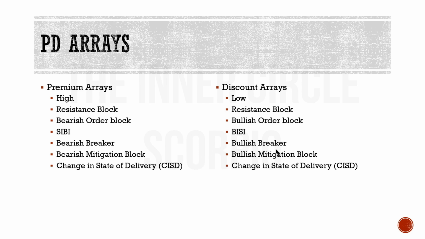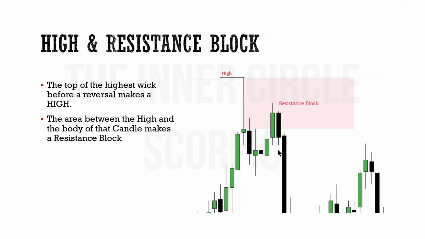I'll give examples. Whenever there is a reversal, like we were going high and now we are going down, the first thing that happens is we create a high. As you can see on this chart example, we create a high. And then what is a resistance block? A resistance block, as the name suggests, resists the price from going up.